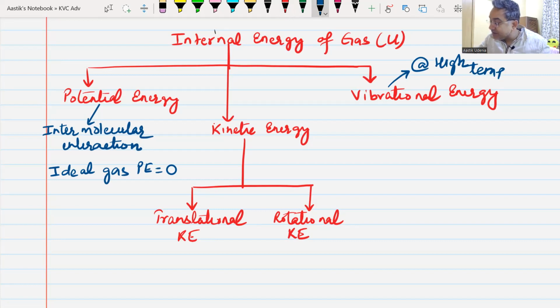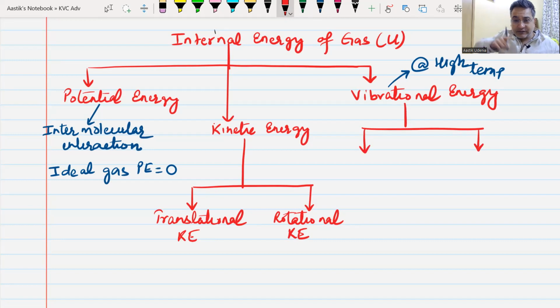Now at high temperature, when it comes, it again will have two branches inside it. One is known as vibrational potential energy and the other one is known as vibrational kinetic energy. So this is what the internal energy of the gas is.